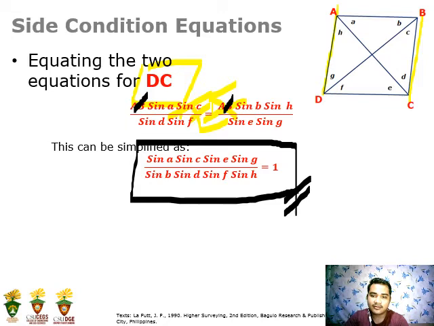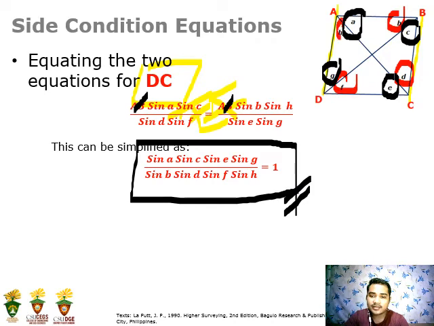Sa inyong makita diri sin A sin C sin E, no, sin G, no? Sa taas na sila, and si sin B sin D sin F o si sin H is nasa ubos, no? Laktaw-laktaw na sila class. Mandali lang ito siya ma-memorize.